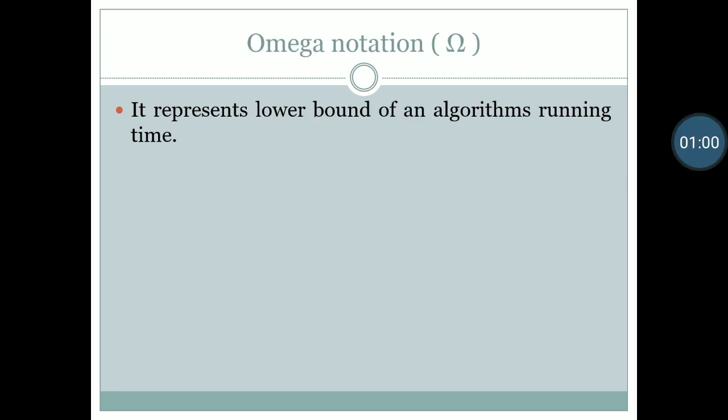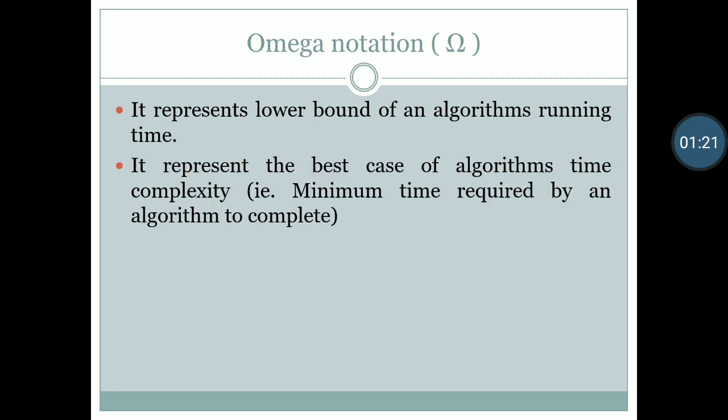The omega notation represents the lower bound of an algorithm's running time. Previously we saw that big O notation was the upper bound for the algorithm's running time, and here omega is the lower bound. It represents the best case of algorithm time complexity, for example, the minimum time required by an algorithm to complete.